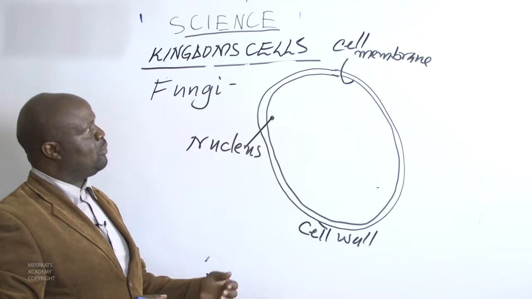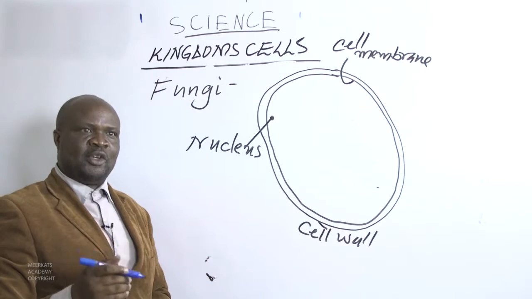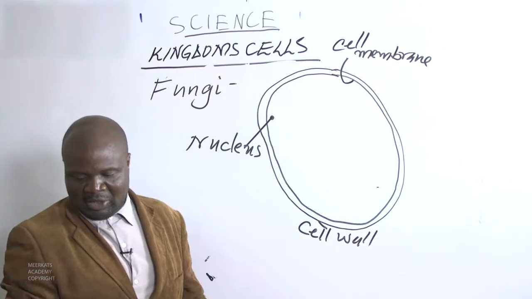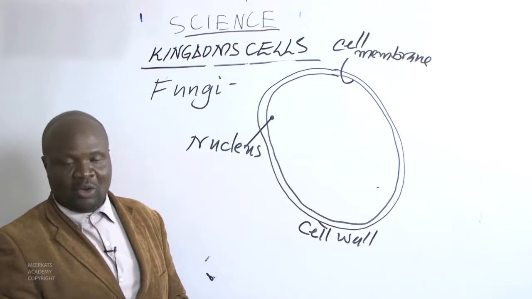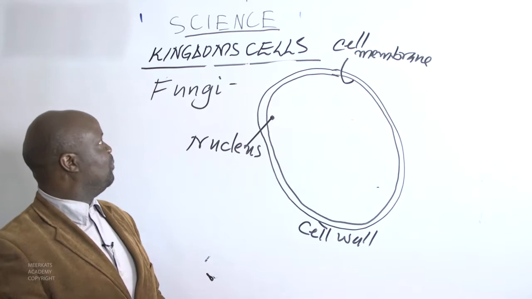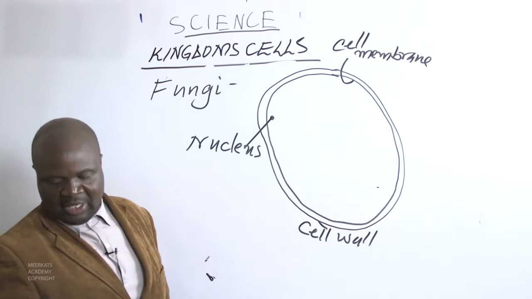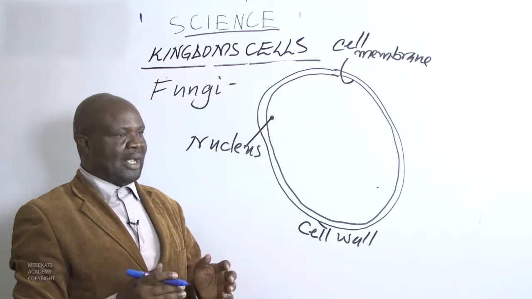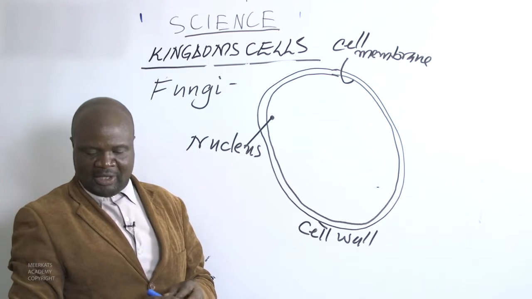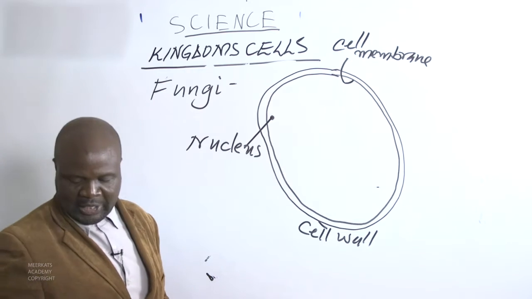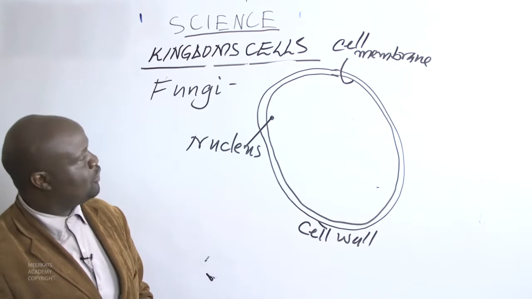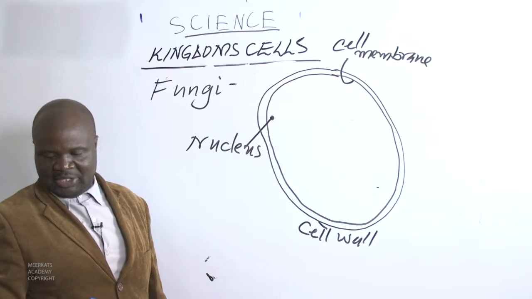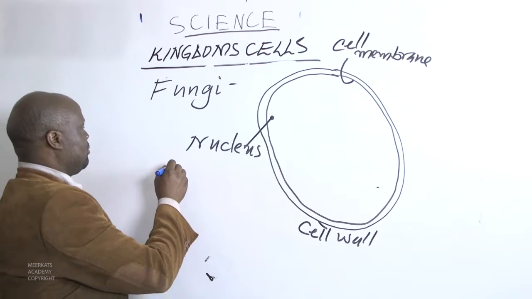Because they cannot produce their own food, they feed on dead organisms and dead animals, and other living things. So this is the structure and nature of a cell. When you observe through a microscope, this is how a cell from the fungi kingdom looks like. Examples of organisms whose cells can take this nature, we have the molds.